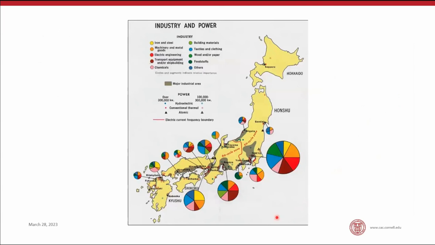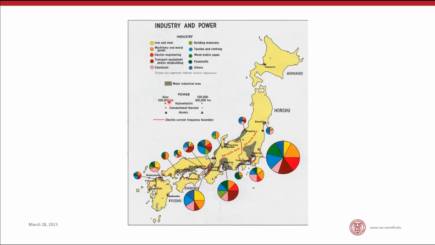Here's an example where someone said, okay, let's put everything in this one chart, everything that we might possibly want. Okay, you got these cities in Japan, and each one produces a certain amount of industrial export, which is indicated by the size of these pie charts, and the products that are made are broken down by the different categories up here, and they're linking this to the locations of power plants.